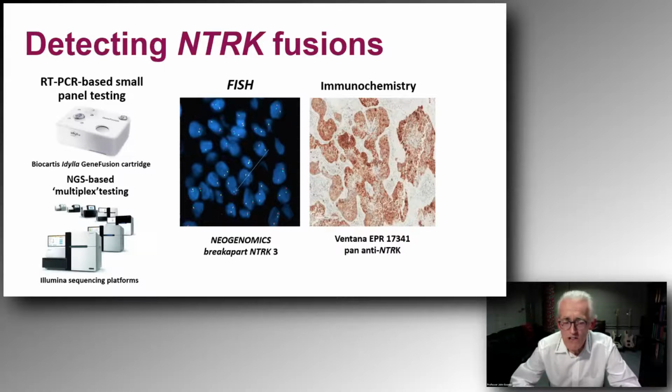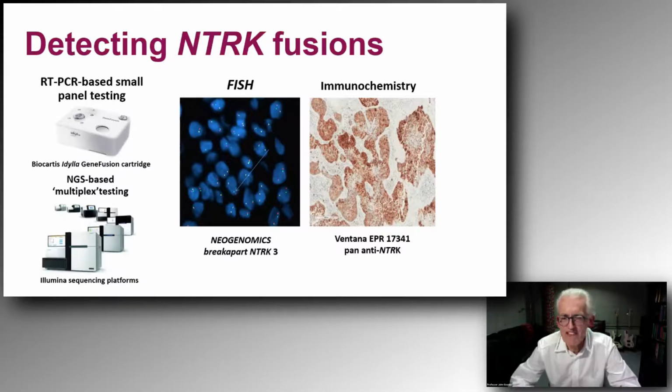However, because this is a fusion and it generates a protein, we can also use FISH and/or immunochemistry to test for the fusion. On the left is a photograph of separation of signals in the nucleus, at the end of that long blue arrow, which indicates that the NTRK3 gene has become rearranged.